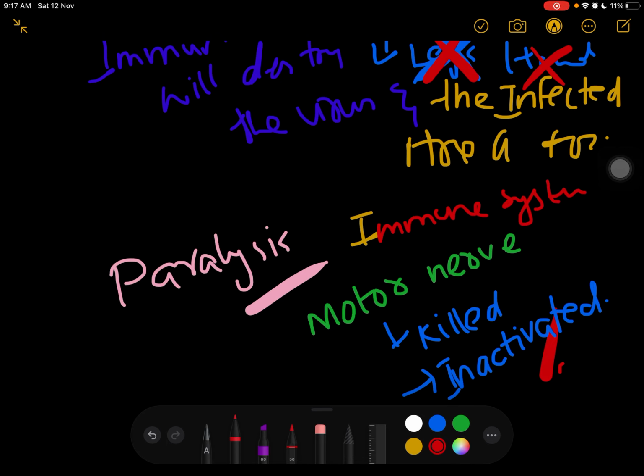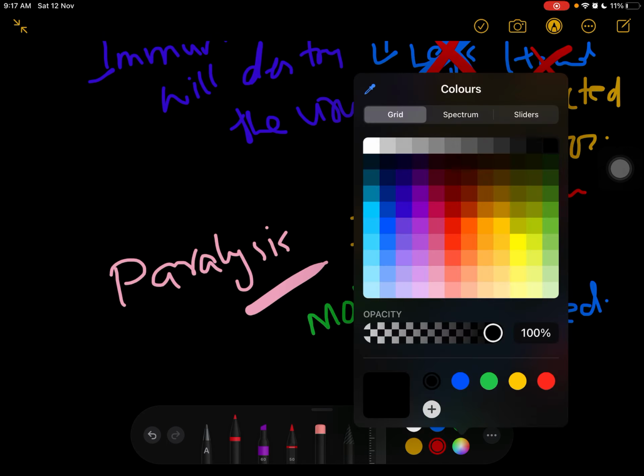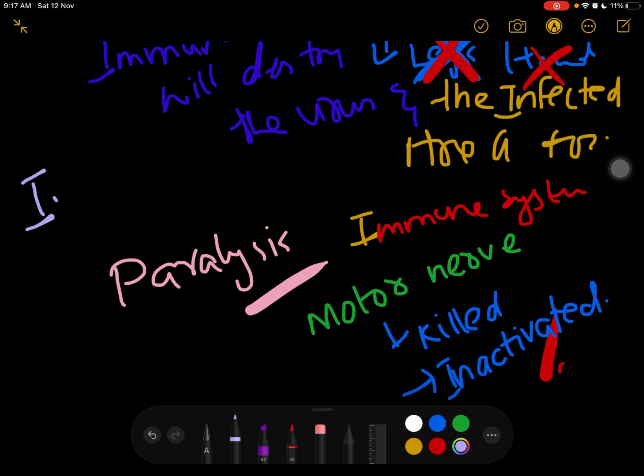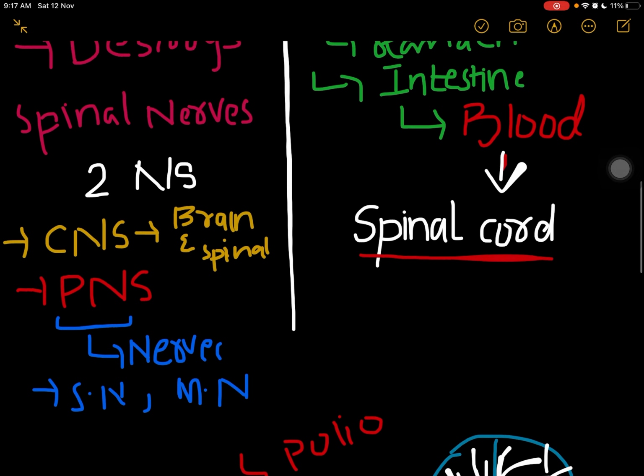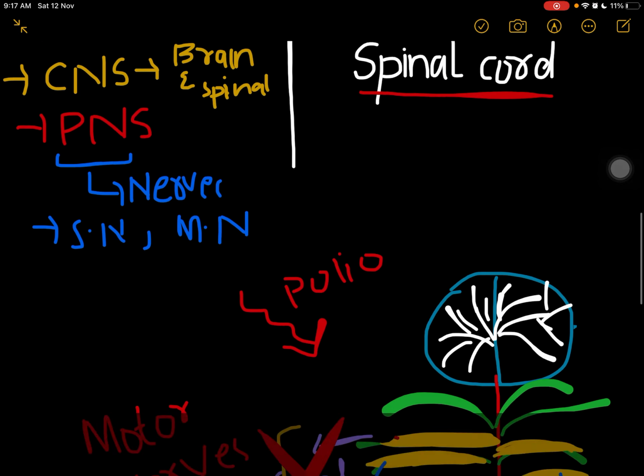Obviously there was an immune response, right? So this is the basic work of poliomyelitis.